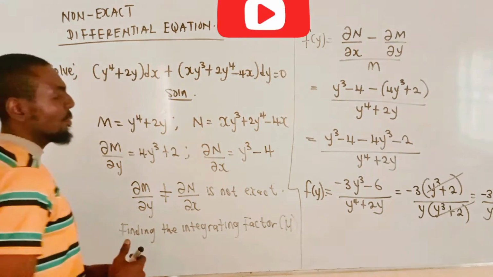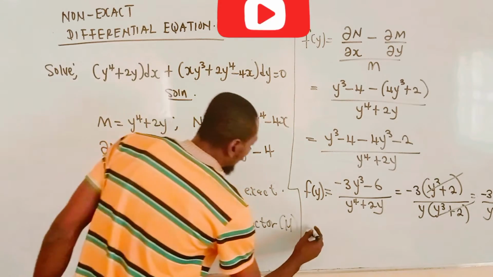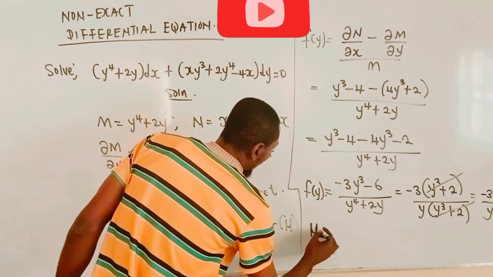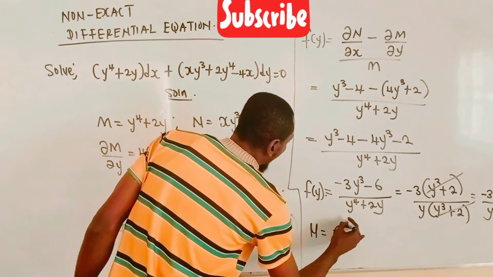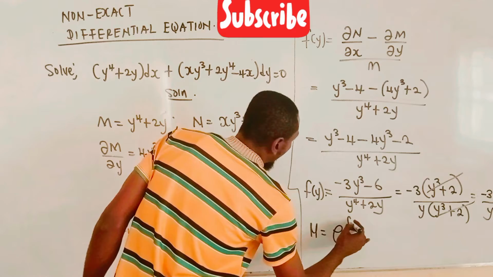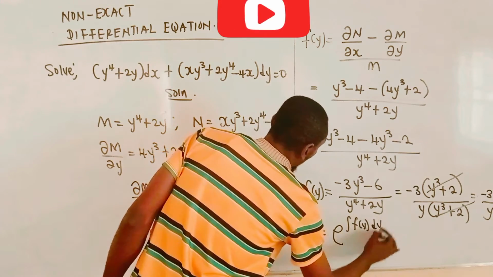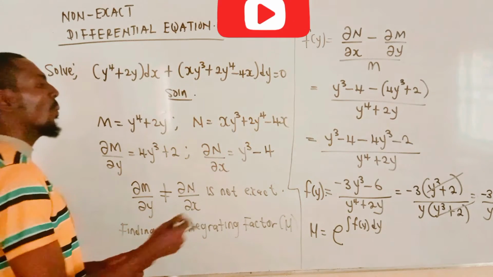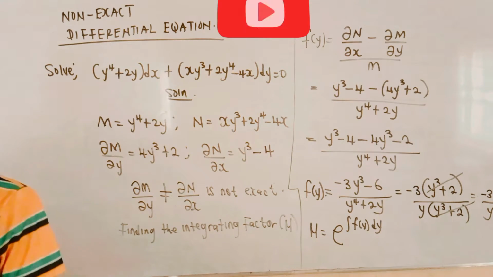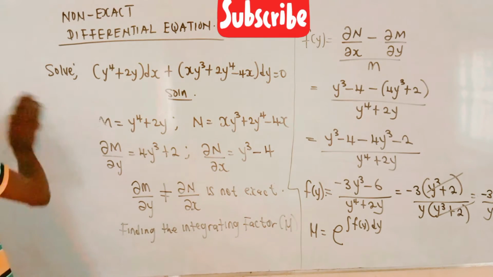So we can go ahead to find our integrating factor mu. The integrating factor is equal to the exponential of the integral of f of y with respect to y. So we use that particular function of y to find the integrating factor.